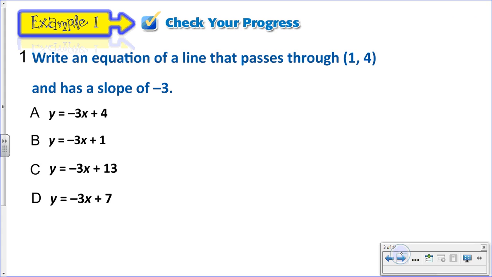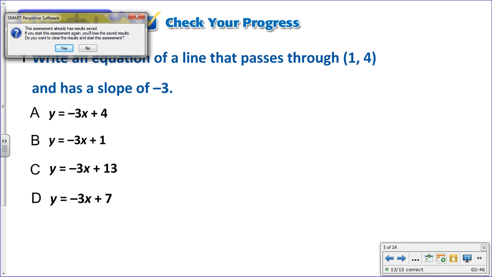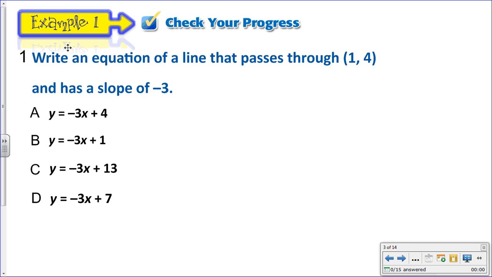Okay. Answer this one. You'll have to get logged in if you haven't done so. Class has been started too.